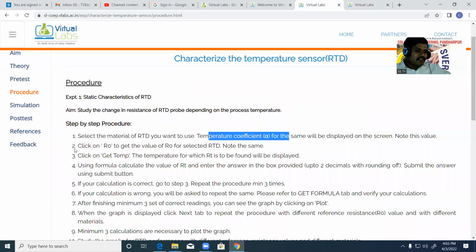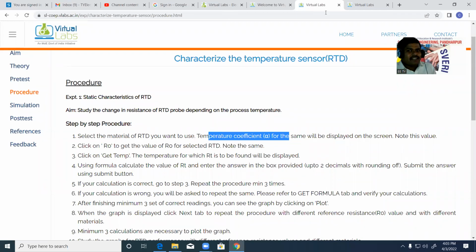Now click on R0 to get the value of R0 for the selected RTD and note it. R0 is the resistance at room temperature, or resistance at 0 degrees Celsius.